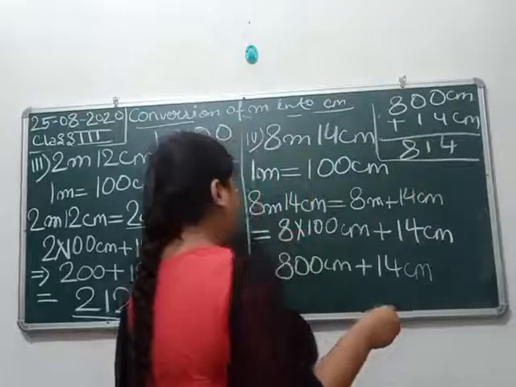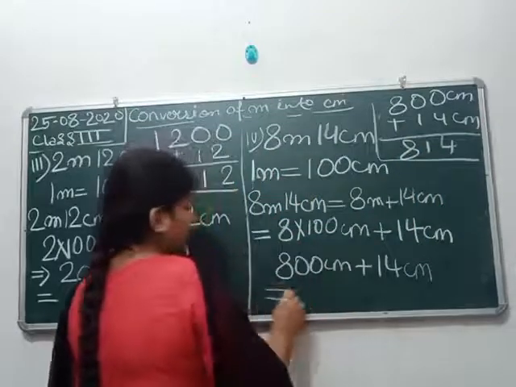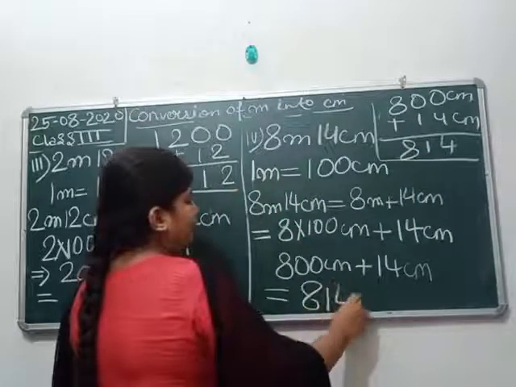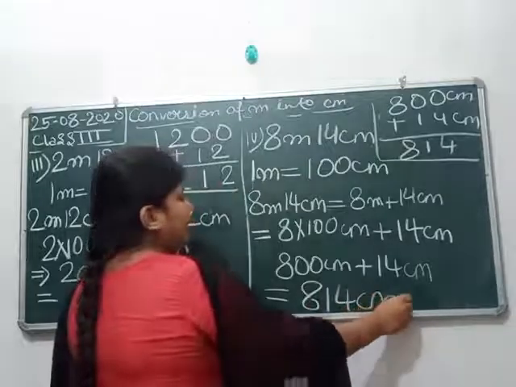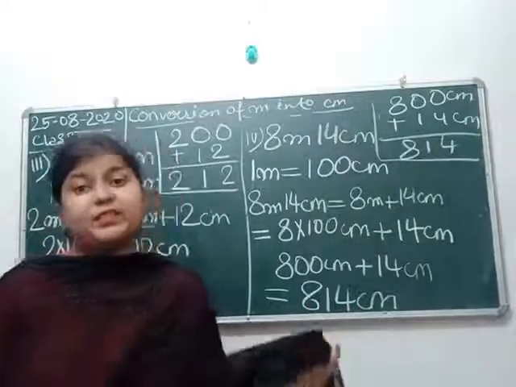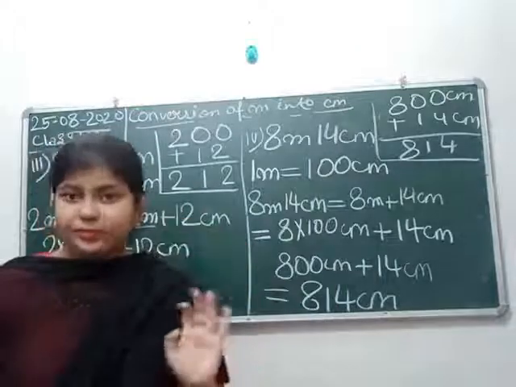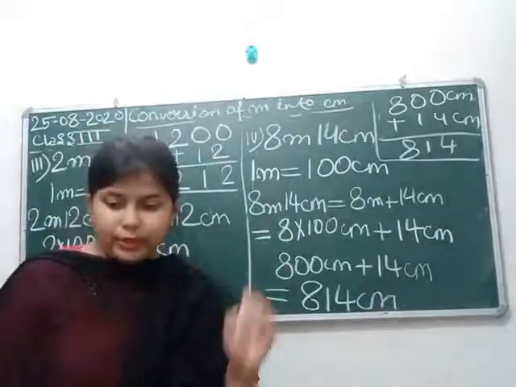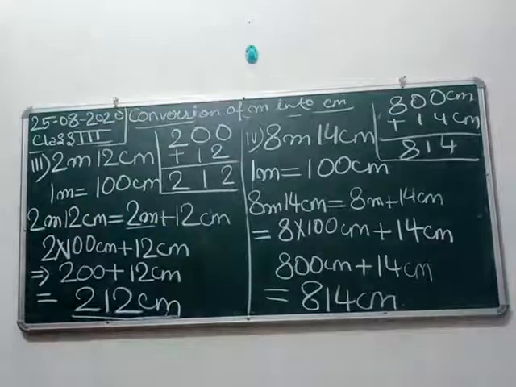So we will get 814 centimeter. This is our answer. So this is how we'll convert a given number which is given in meter into centimeter. Okay. This much is clear. Note it down. Then I'll give you the next question. Come on, note it down.